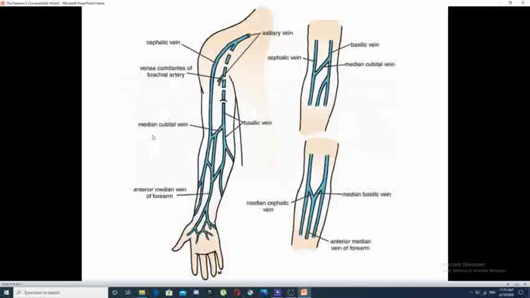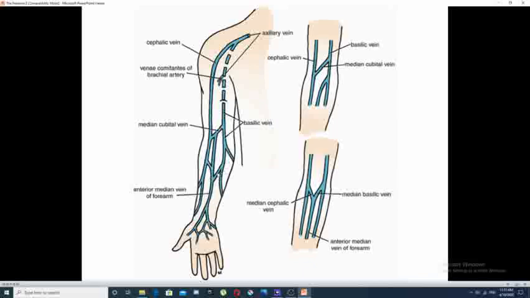Along their courses in the upper limb, as you see on this figure, this is the cephalic vein and this is the basilic vein, and these two venous systems have a lot of communications between each other along their course.